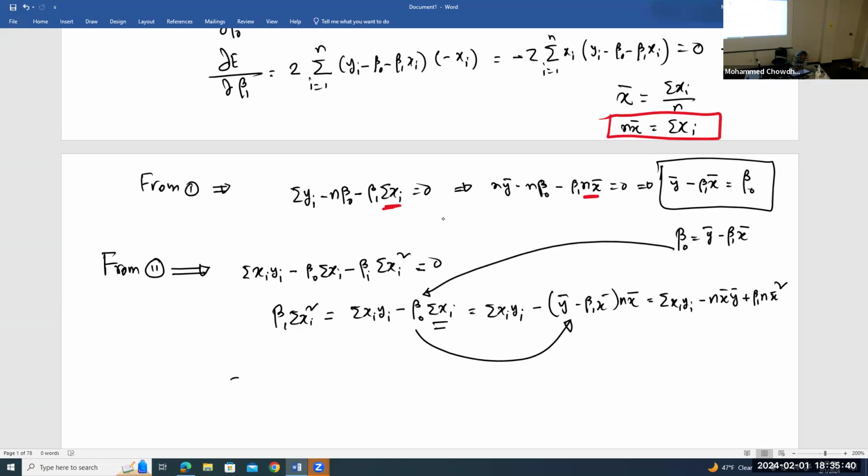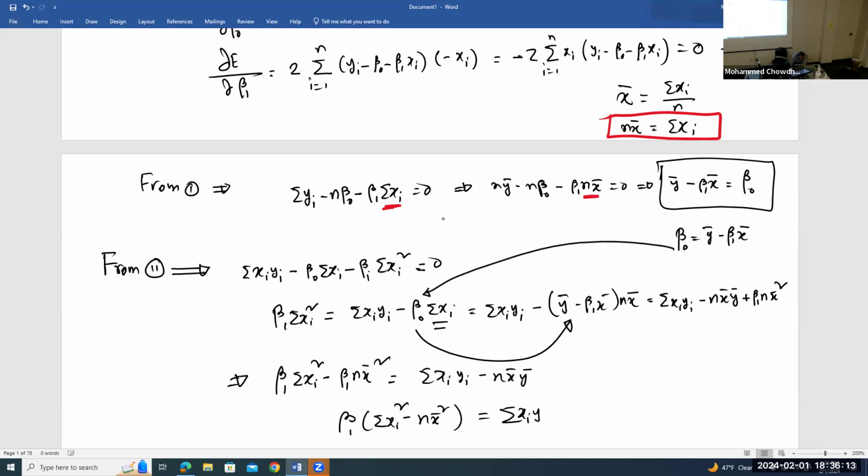Now take a look at what I am doing. If I bring out that beta 1 sum of xi square, beta 1 n x bar square, then what do I have? Sum of xi yi minus n x bar y bar. So now I can write here beta 1 as a common factor. I can write here sum of xi square minus n x bar square, and then here I have sum of xi yi minus n x bar y bar.